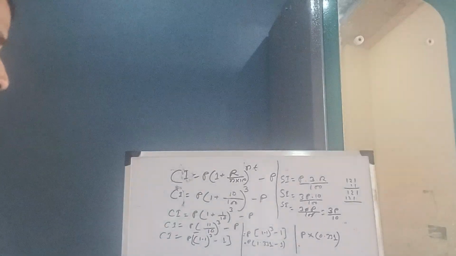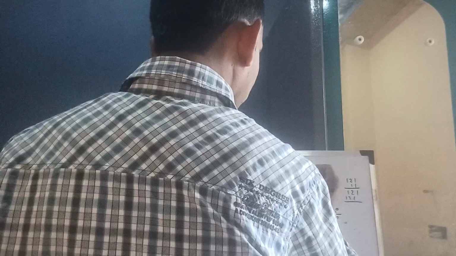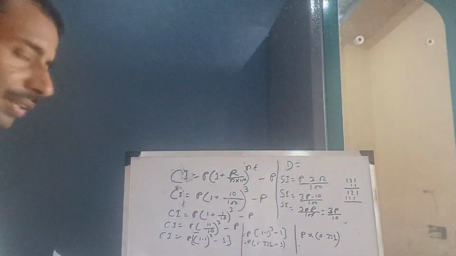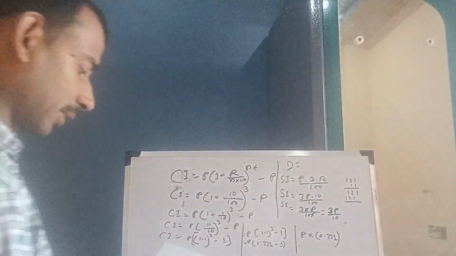Now, according to the problem, the difference between compound interest and simple interest is 93.